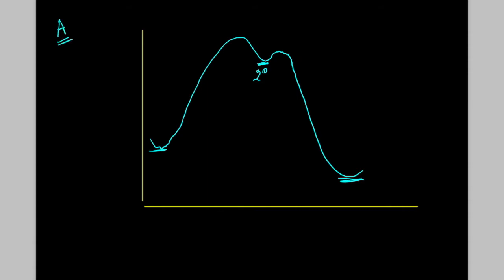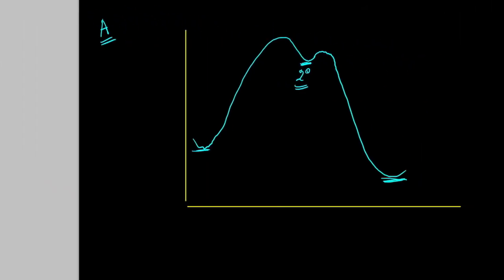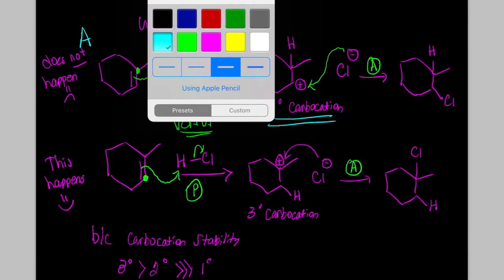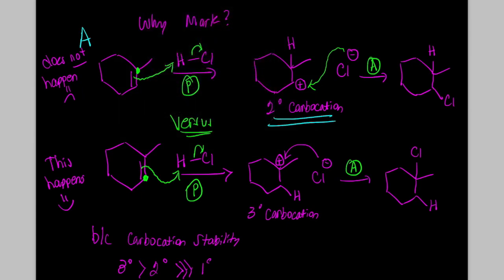So a secondary carbocation is high energy, it's less stable, okay? So let's use a different color now for this other one. Maybe we'll choose white here. So here's reaction B. And we said that this happens because the tertiary carbocation is more stable.